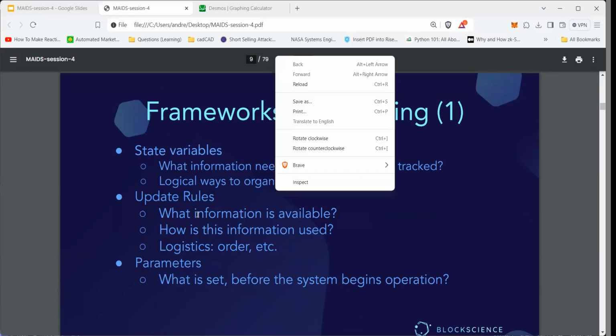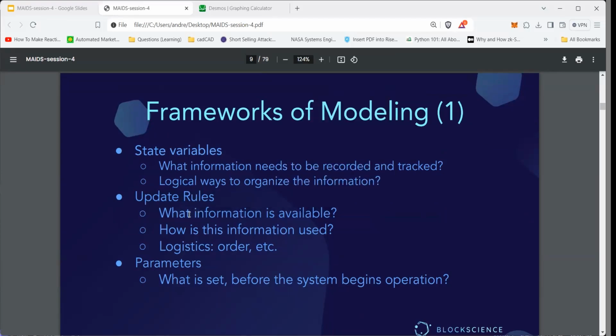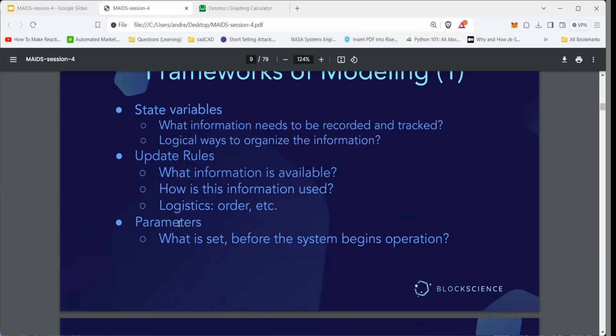It's actually funny because we just said what information is available, and we just had an example where some of the desired information wasn't available. And parameters sometimes may not always be separable from the notion of update rules, but a parameter is something that is set outside of the agent choices. We often think of it as outside the initial system's operation.